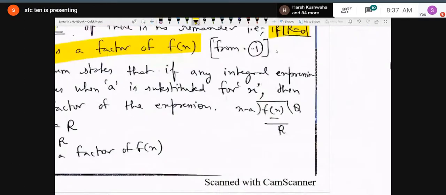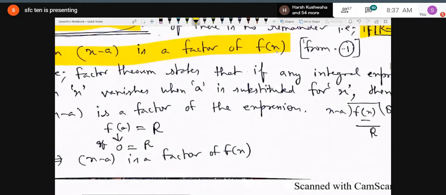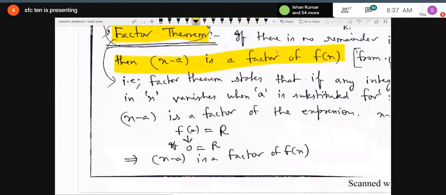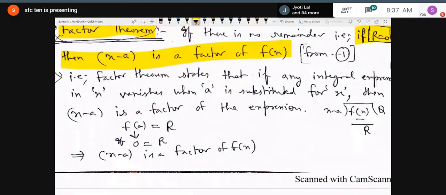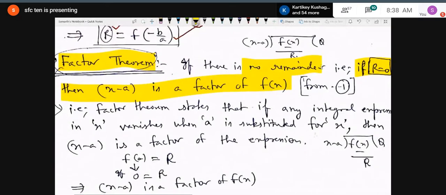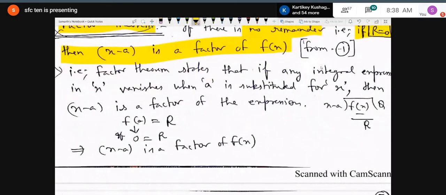Just remember one very useful thing. Nobody is going to ask about the statement of these two theorems, but you have to understand that if you are dividing any function by any divisor, and the remainder comes 0, that means the divisor is one of the factors of the given rational integral function.